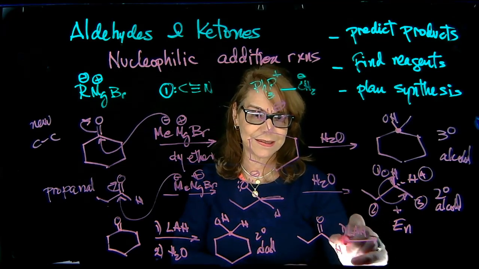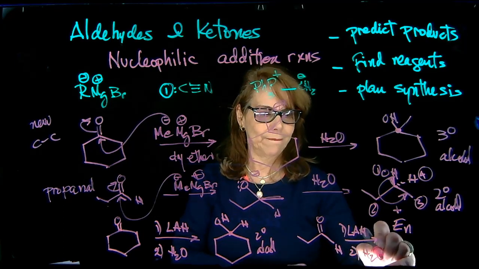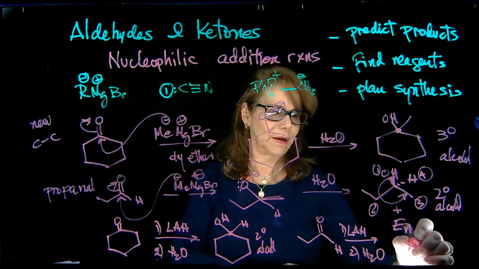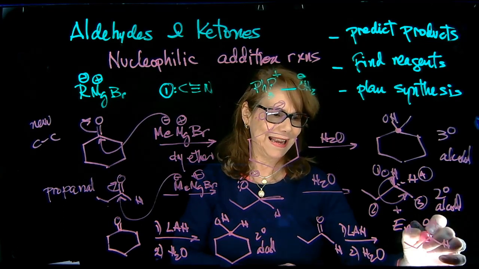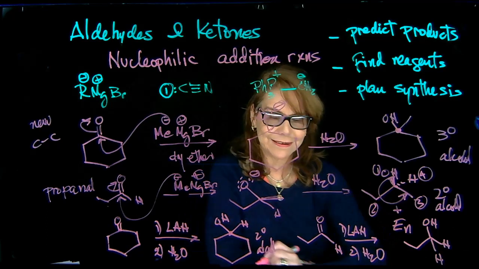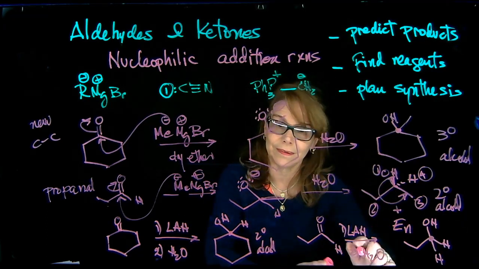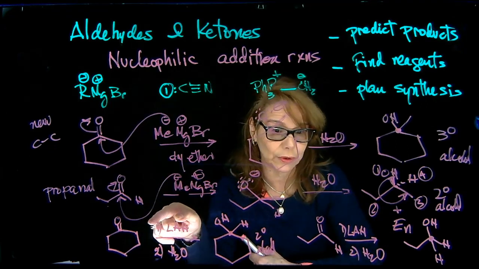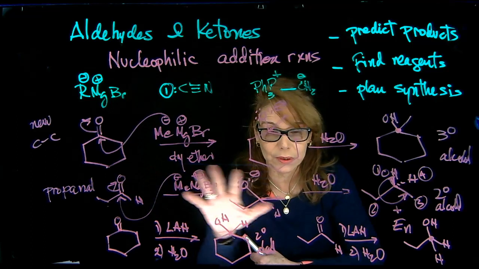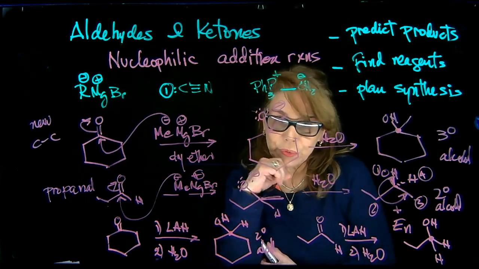In that case, I'll be adding another H. So if you add another H, you're going to have OH, H, and H. That is a primary alcohol and is no longer chiral. So you see, it is important that we understand the geometry, so that's trigonal planar, and whether or not we are creating a chiral center whenever we do these molecules.